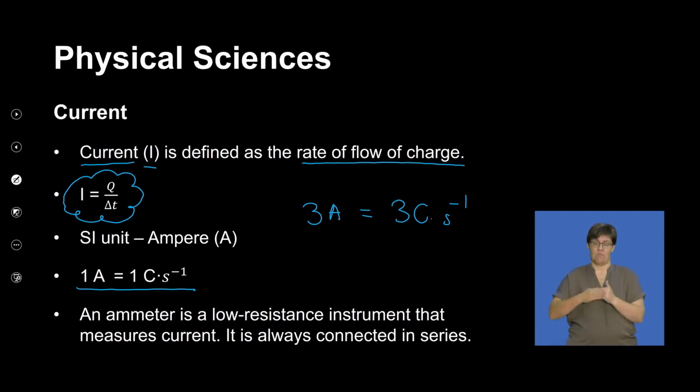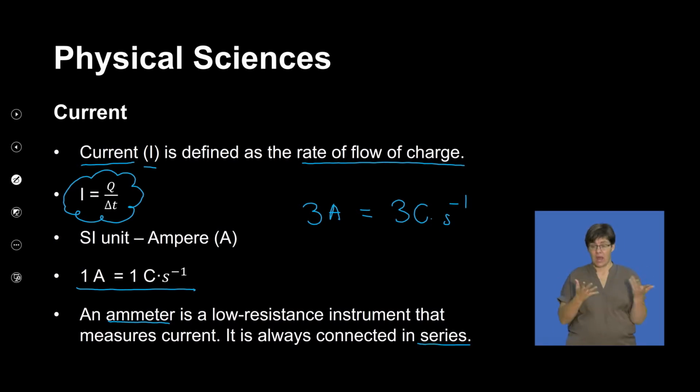So an ammeter is a device which has got low resistance. What do we mean when we say it's a low resistance device or instrument? It means that all the current will pass through the ammeter, and the ammeter does not offer any resistance to the flow of charge. So it is always connected in series.